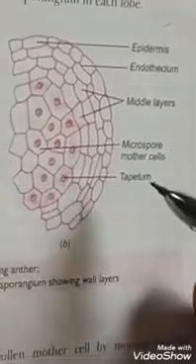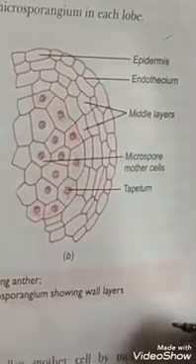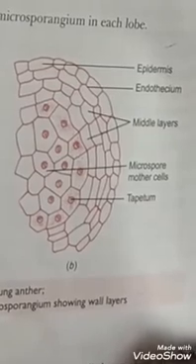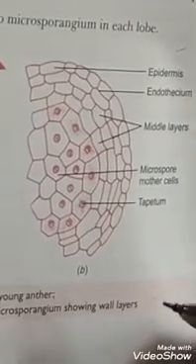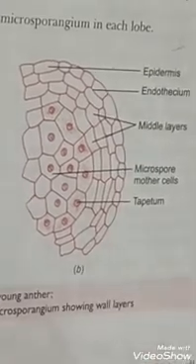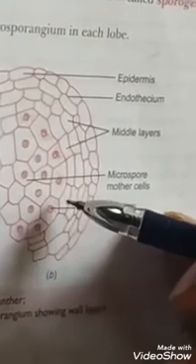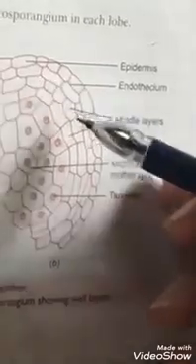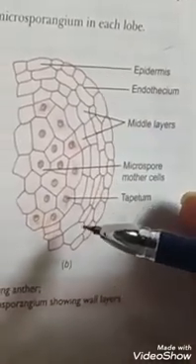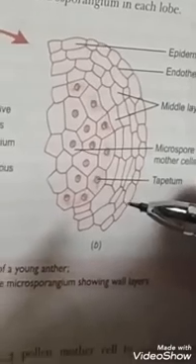Third layer is known as middle layer. It also helps in dehiscence and is also protective in nature. The fourth layer is tapetum. It contains the cells with dense cytoplasm and many nuclei, means multinucleated.